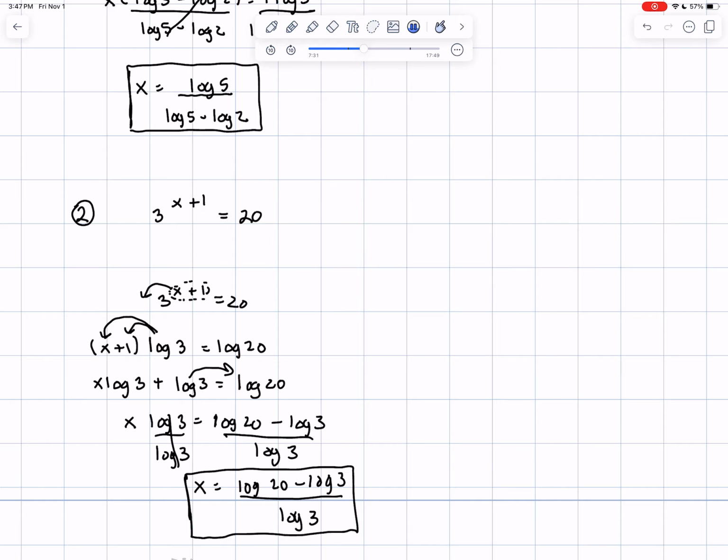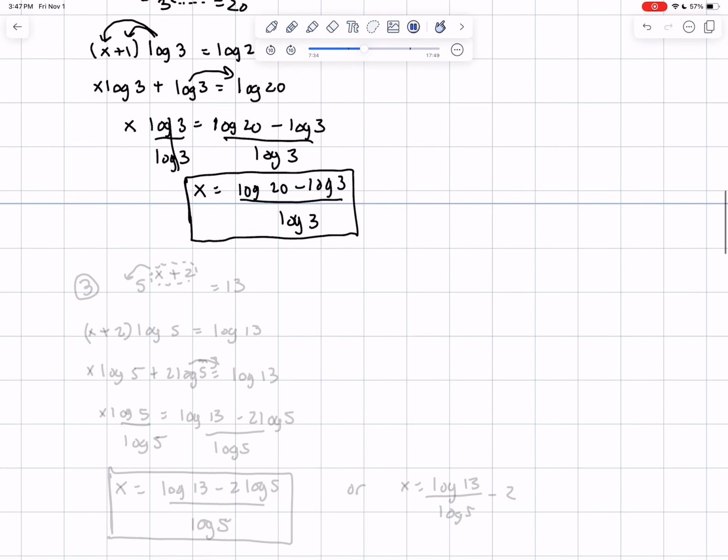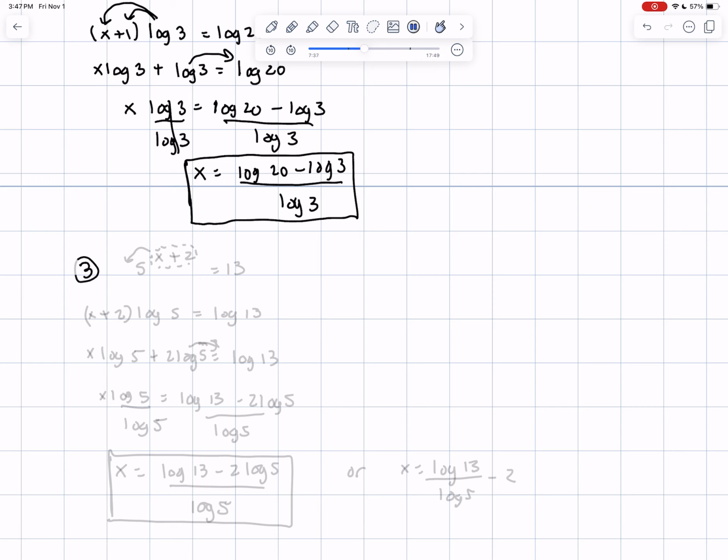Okay, so let's do the example from the classwork. So this shouldn't be unfamiliar. So again, what we do is we bring down the exponent into the front, put logs in front. So x plus 2, x log of 5, plus 2 log of 5, log of 13.